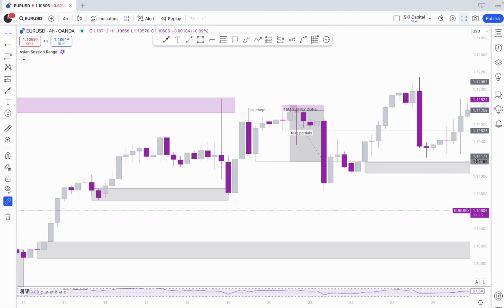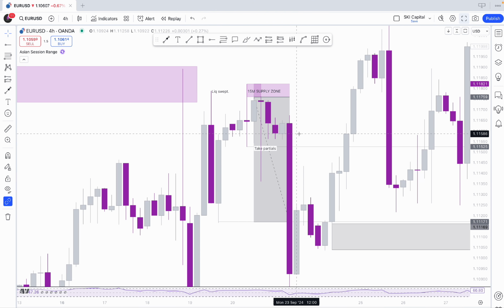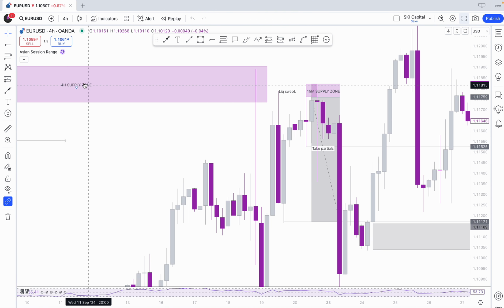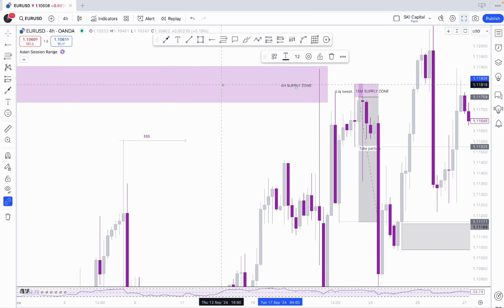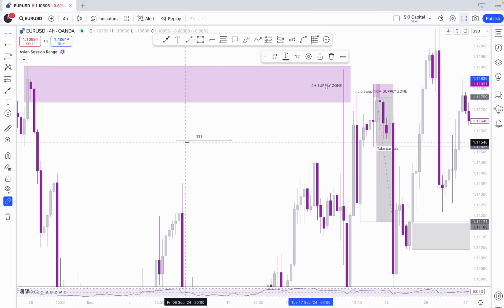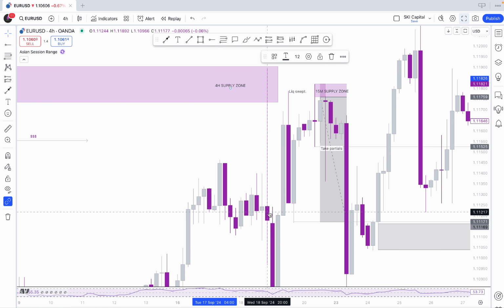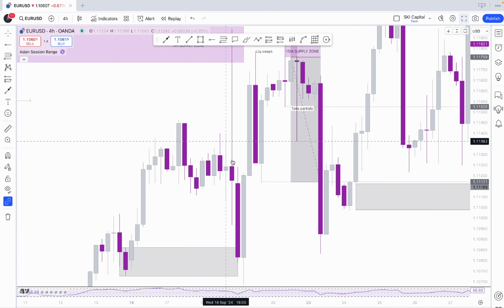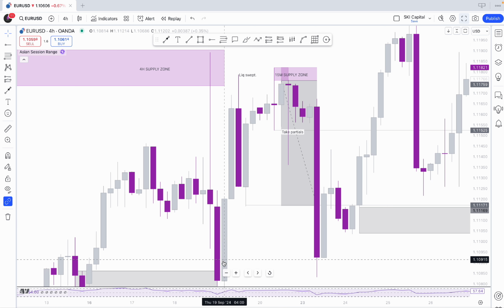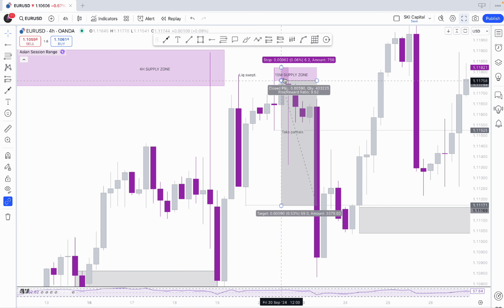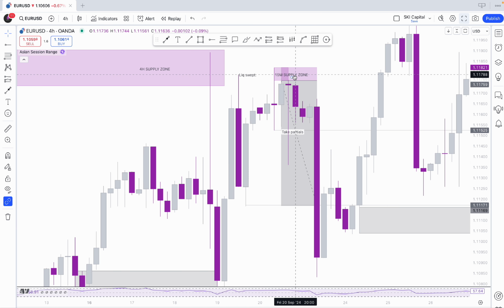You can see that price reacted on this 4-hour supply zone, but before that price engineered liquidity. We had this imbalance that was filled. Price reacted on this 4-hour supply zone and gave me this reaction. You saw clearly that the momentum now is bearish, and what I was waiting for price to do is give me this pullback, react on this 15-minute supply zone, and I went from here down to this previous low.